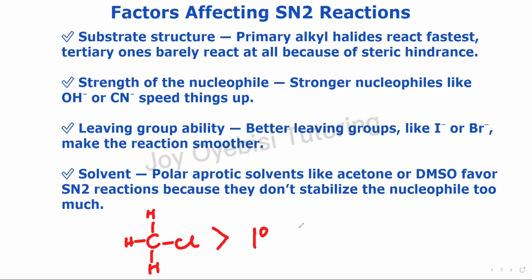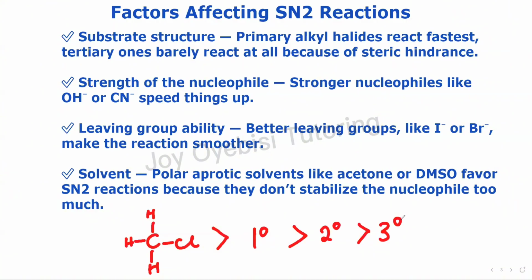Now, primary alkyl halide is much faster than the secondary, and secondary is faster than the tertiary. So this is how we rank them. The tertiary ones barely react at all because of steric hindrance.